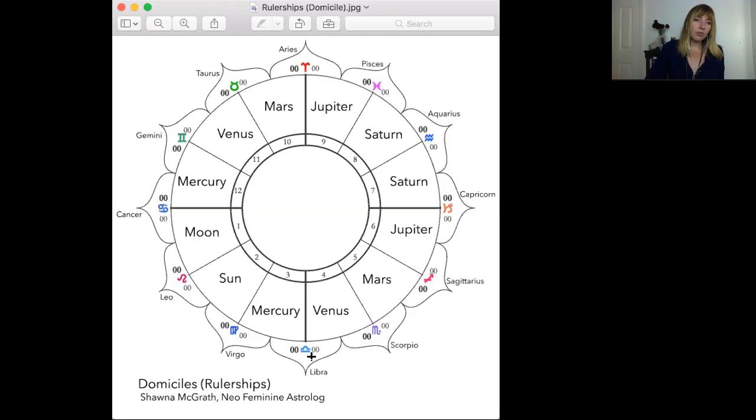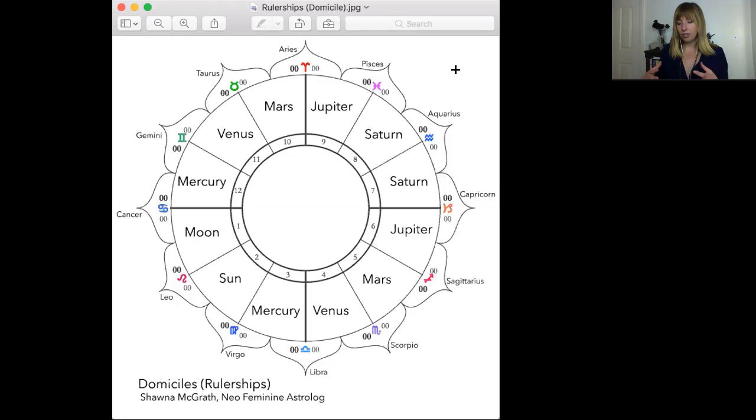And also, the reason why this is important, and why it's so tuned into every single chart, is that if we are using the philosophy that this is the birth chart of the world, the nature of the cosmos, the nature of life, then that influence is within every single person, every single chart.